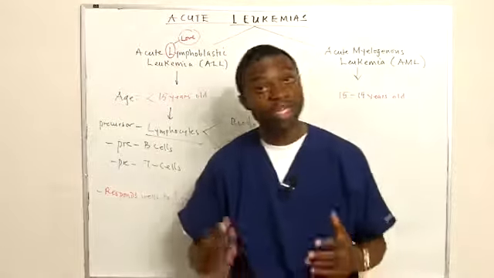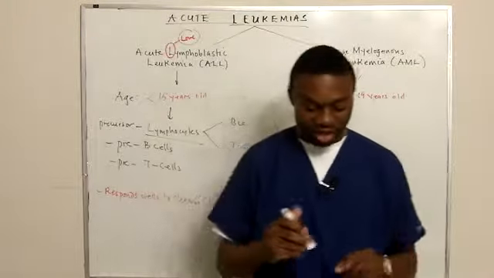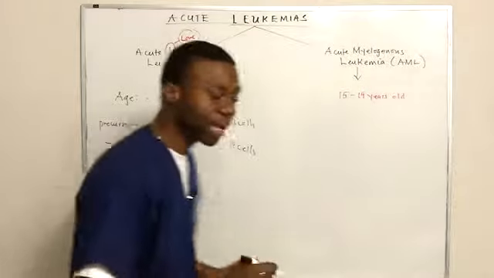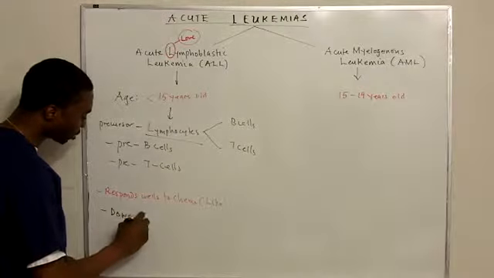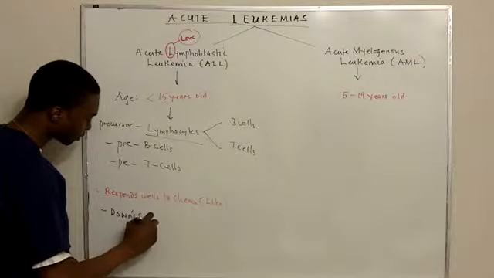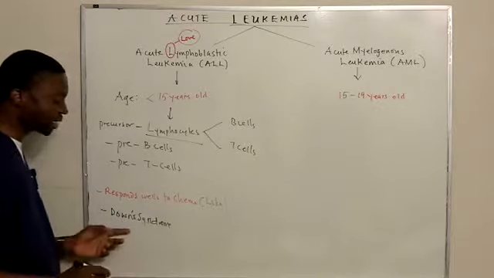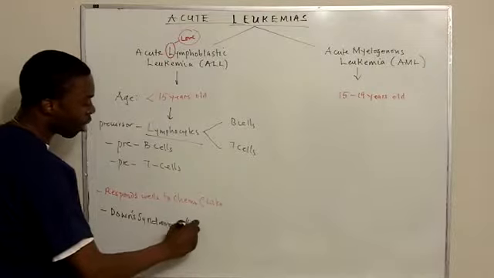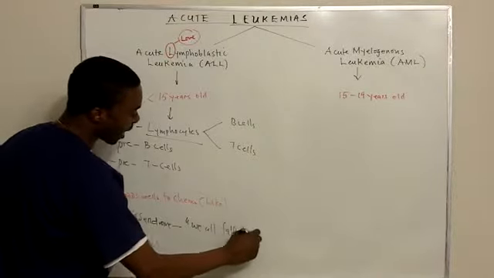So what else do we need to understand about ALL? Well, ALL has risk factors, and the risk factors usually include patients that have Down syndrome. The way I remember Down syndrome associated with ALL is because we all fall down.